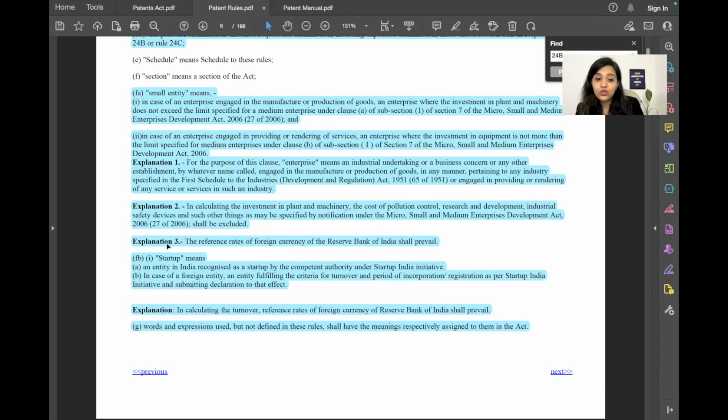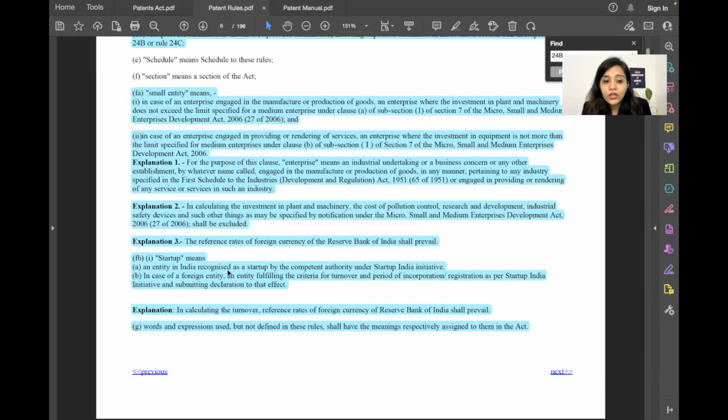So I think you should go through the definition of startup and small entity also. And in startup, it is written that the definition of startup would be adopted from the Startup India initiative. You just open the website of Startup India initiative and read what is called a startup, because that same definition is applicable for patents as well.